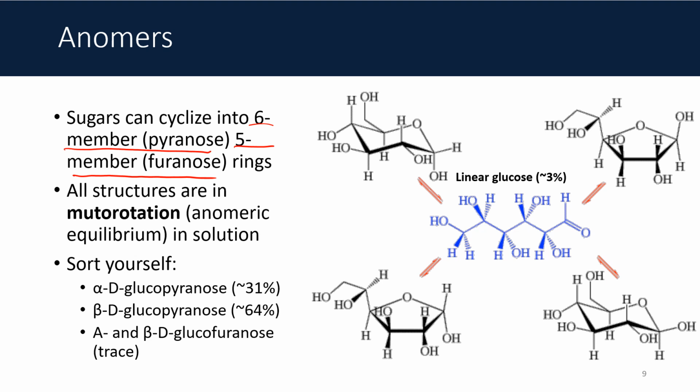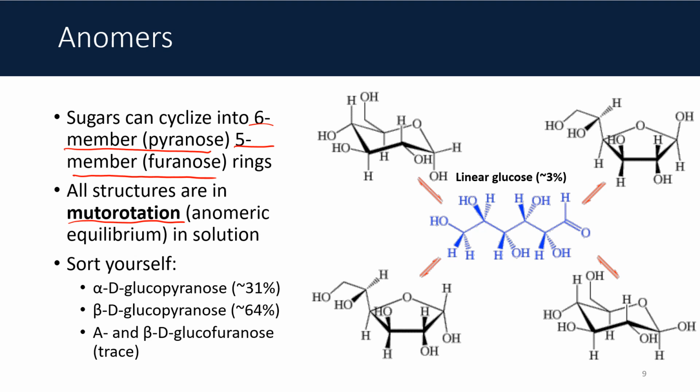And because that's not complicated enough, these structures are also in rapid equilibrium, or they mutarotate, because this cyclization reaction is reversible. So let's take a moment to examine the anomeric equilibrium observed for glucose. If we take glucose powder, let's say it's in a linear conformation, and we dissolve it in water, that's going to cause it to cyclize and mutarotate almost immediately.